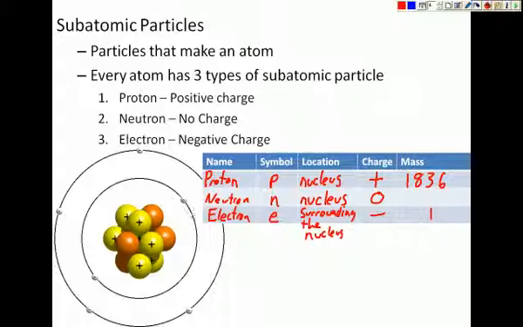And a neutron's mass would be 1,837. A proton and neutron almost have the exact same mass, but an electron is much, much smaller. It's almost, in comparison to a proton and a neutron, 0. Okay, very insignificant.